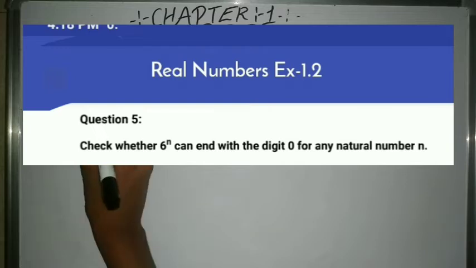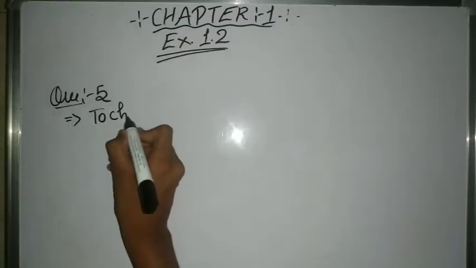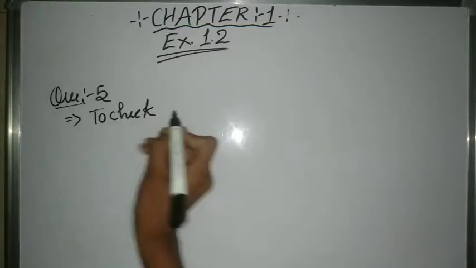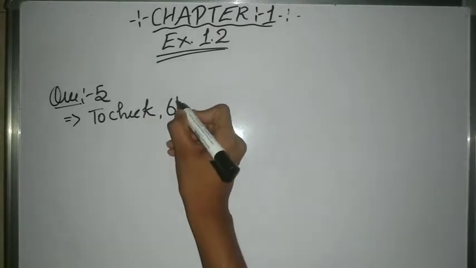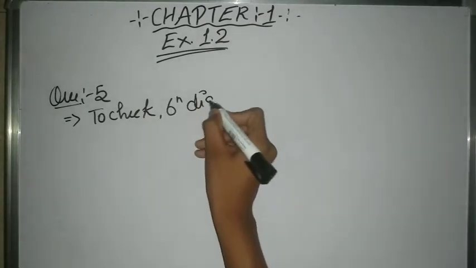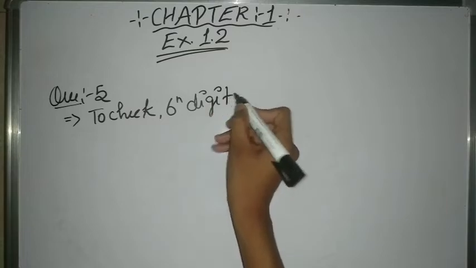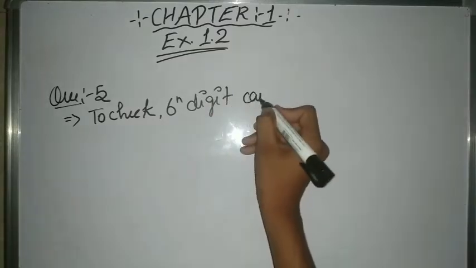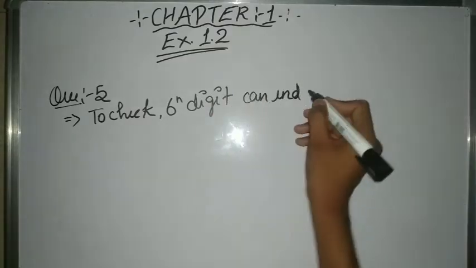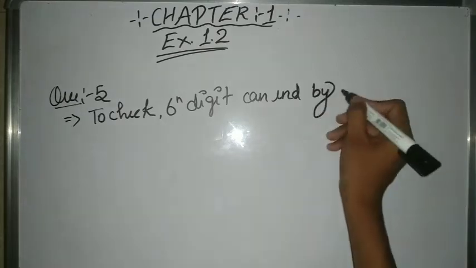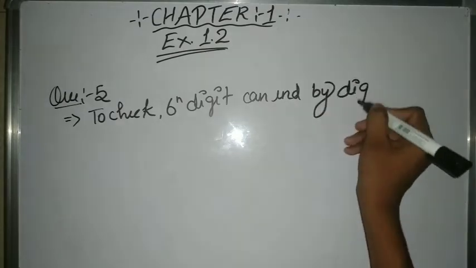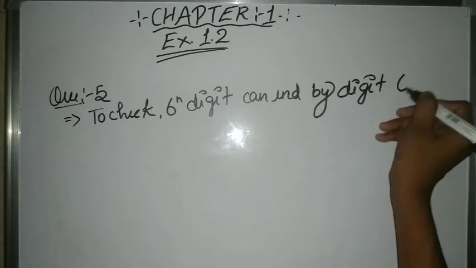इस क्वेश्चन में हमें ये चेक करना है कि अगर 6n कोई डिजिट है तो वो क्या कोई भी डिजिट जीरो जो नेचुरल नंबर होगा उस पर एंड होगा कि नहीं। तो हमें यही चेक करना है, तो हम अपनी कॉपी में लिखेंगे: to check 6^n digit can end by digit 0.